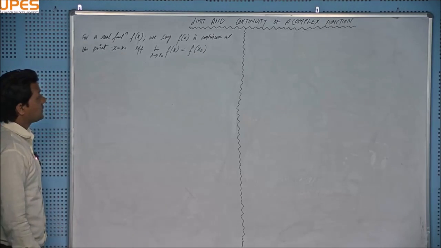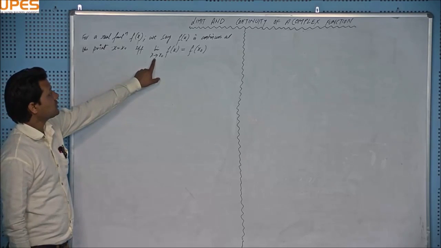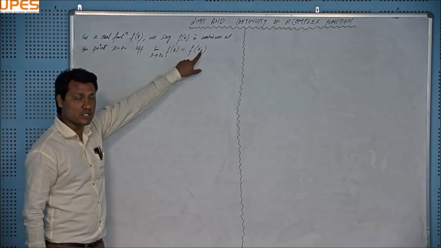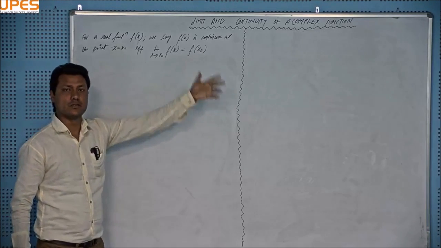Means the limiting value of the function as x approaches x naught is actually equal to the value of the function if you input that x naught directly into the function, right?